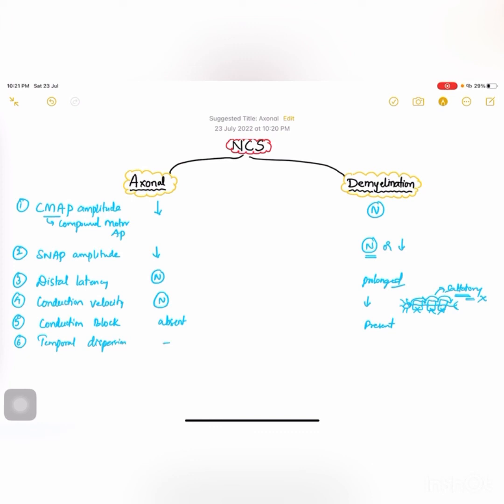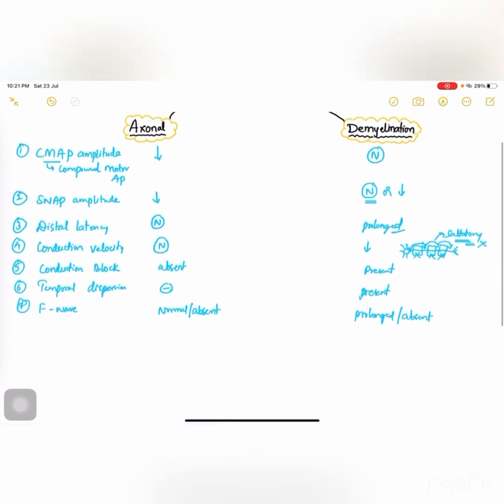Temporal dispersion is absent in axonal degeneration, whereas it is present in segmental demyelination. The seventh one is F wave. F wave is normal or absent in axonal neuropathy, whereas it is prolonged or absent in demyelinating neuropathy.